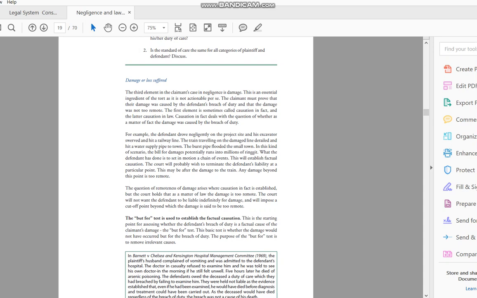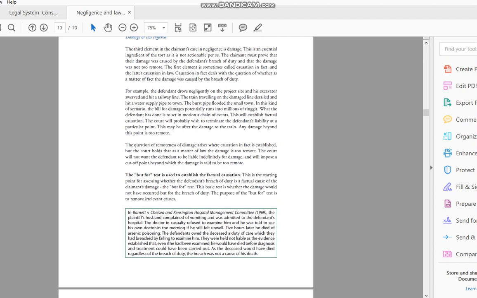So causation in fact is about the chain of events of this thing happening. And to prove it, you have to use the but-for test. It's like all the facts of how things happen: it would not have happened but for this breach of duty. So that word, but for.